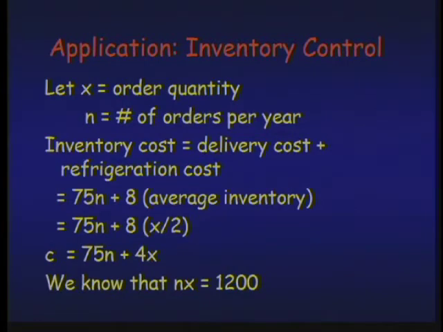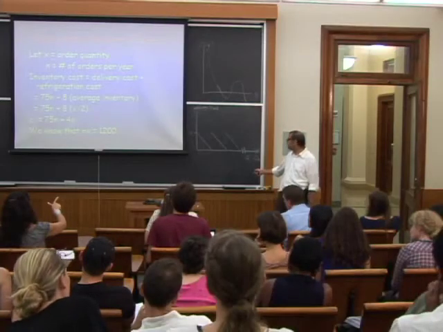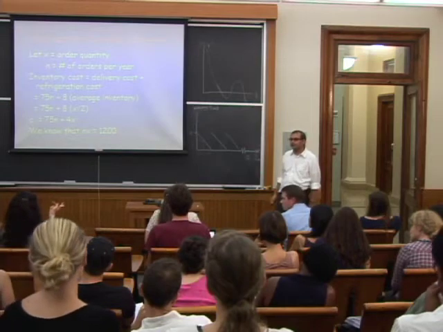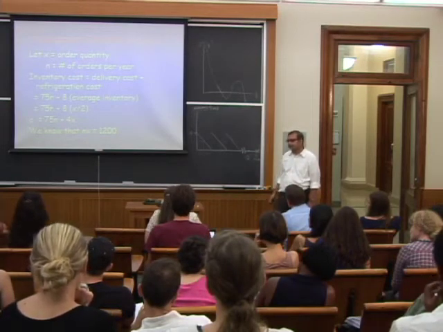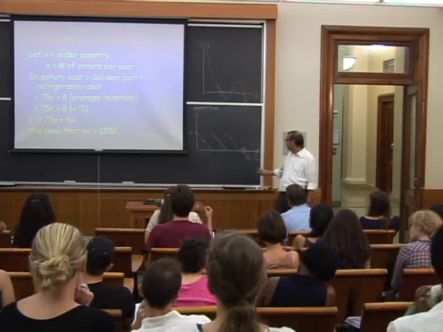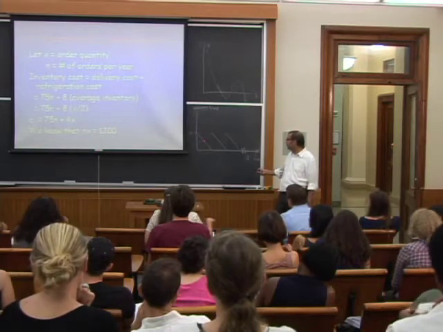So you'll have... Is our average inventory 50? Your average inventory is 50. So it would be 8 times 50. Exactly. Okay? So, on average, this will be your inventory.